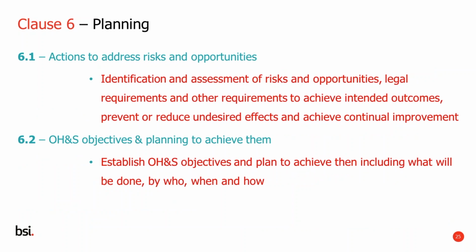So that leads us to the planning clause, where you look at actions to address risks and opportunities. So that's your hazard identification, risk assessment, determination of legal requirements, and so on. That's been kept in there. But what's more here is, where do you see risks and opportunities arise from other areas, from understanding the context of the organization that could have an impact on you.